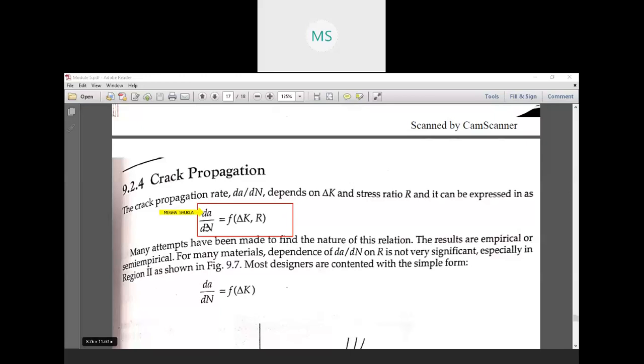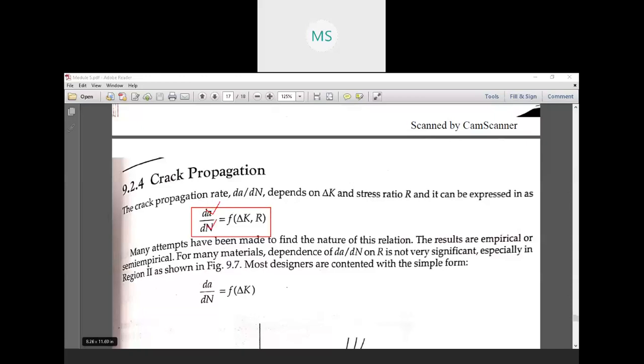So here, when we talk about dA, 2a is the length of the crack. So here it is the variation of crack, and what is N?